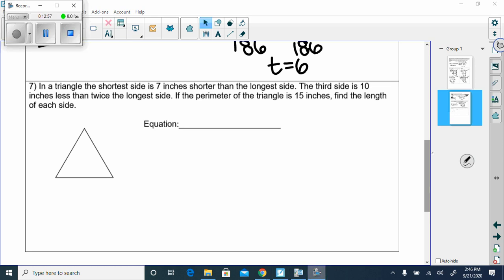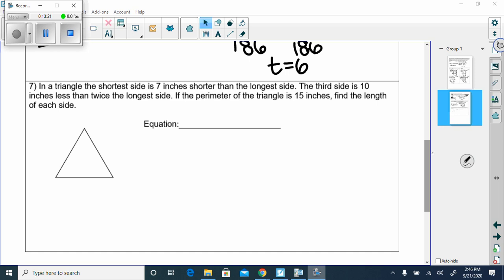Says in a triangle, the shortest side is 7 inches shorter than the longest side, and the third side is 10 inches less than twice the longest side. If the perimeter of the triangle is 15 inches, find the length of each side. So they said we had 3 sides, and they called one of them the shortest side, right?